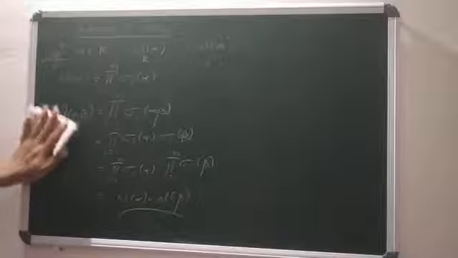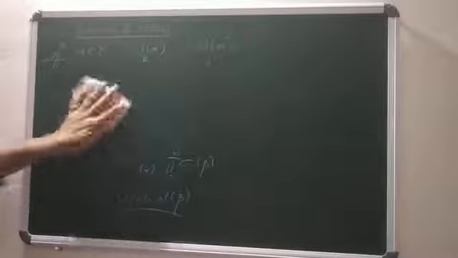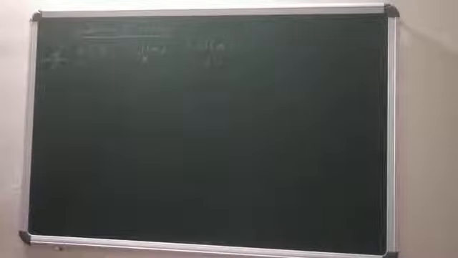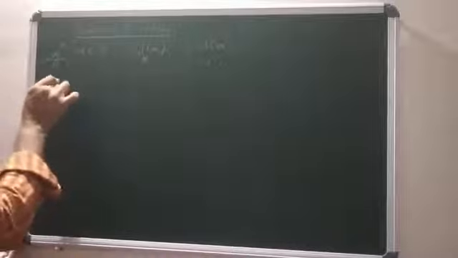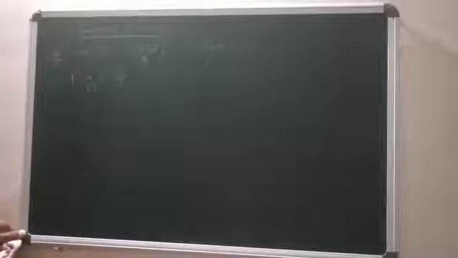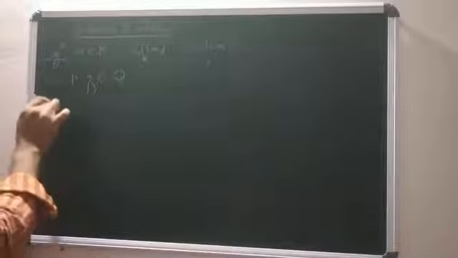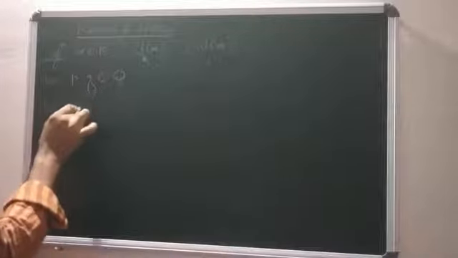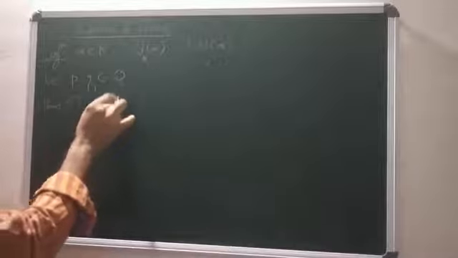And now we are going to the properties of the trace. Let p and q be rational numbers, p and q in Q. Then what about the trace of p alpha plus q beta?